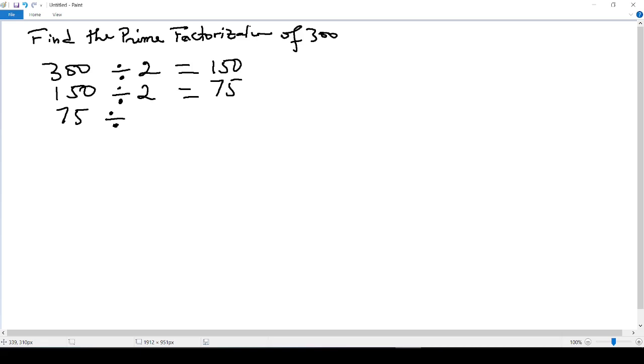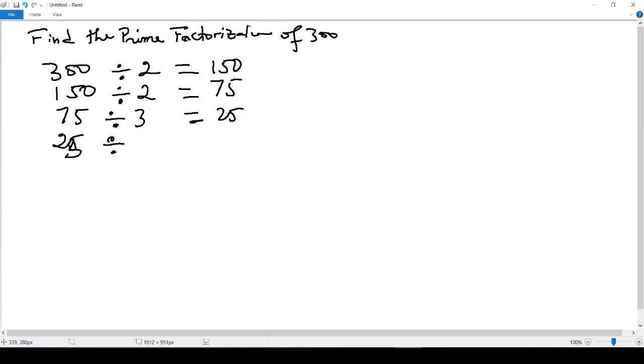The result is yes. So let's do it. 75 divided by 3, we have 25. Is 25 a prime number? No. So we keep dividing, right? So we write 25. Can we divide 25 by 2? No. Can we divide by 3?